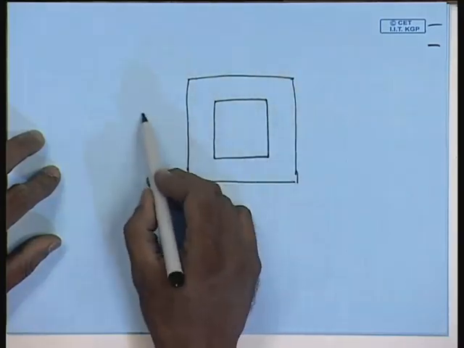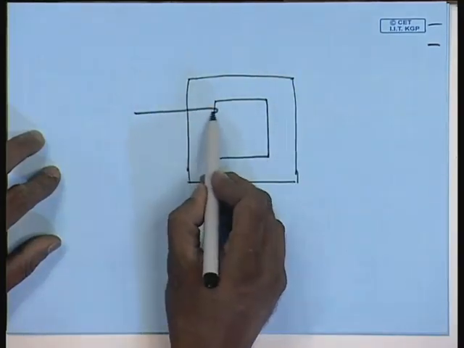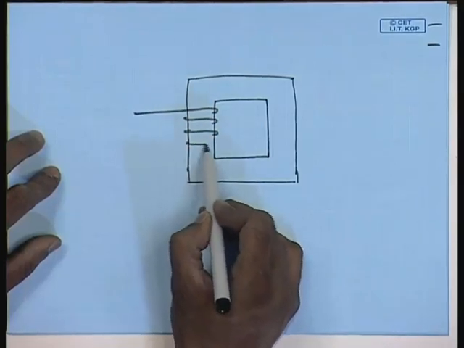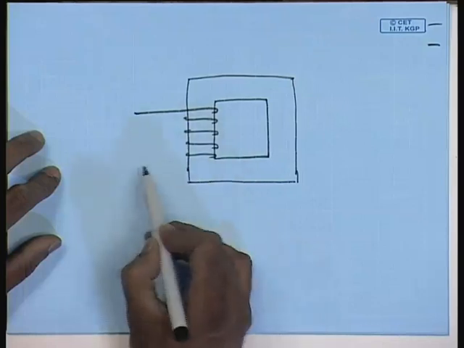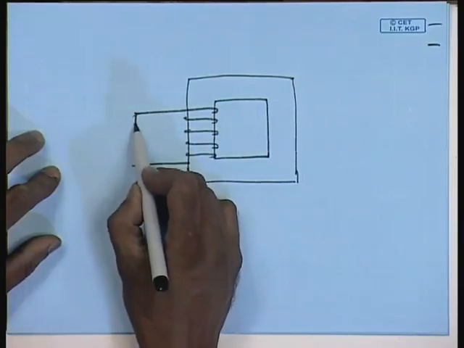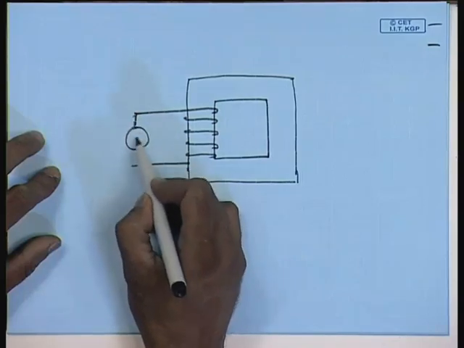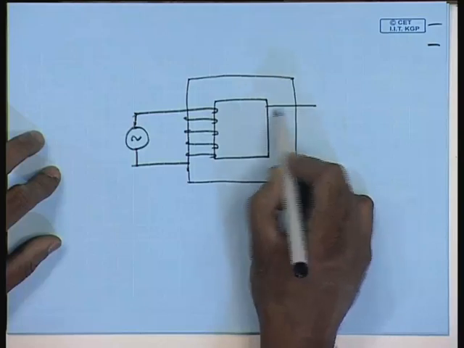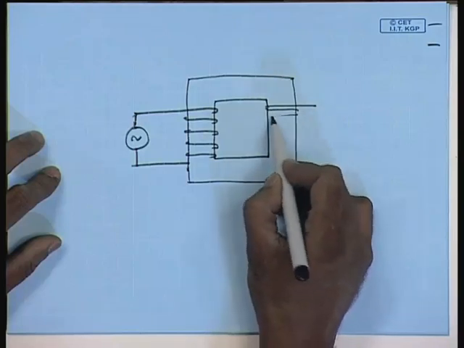So, in a practical transformer, you will have a core on which the windings will be placed, and on the other winding the load may be connected.